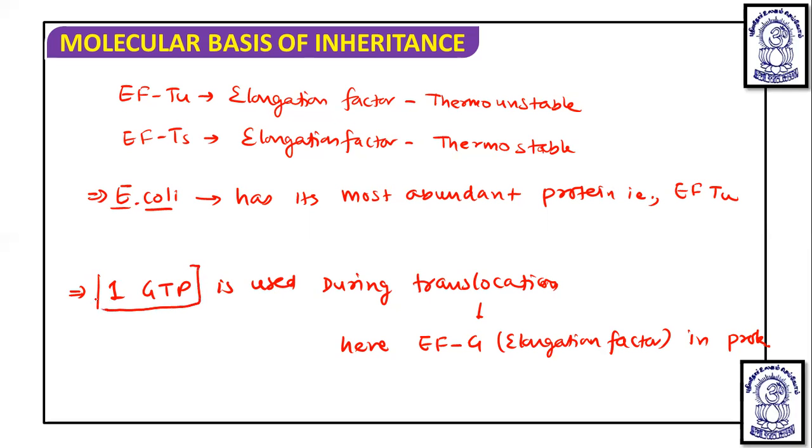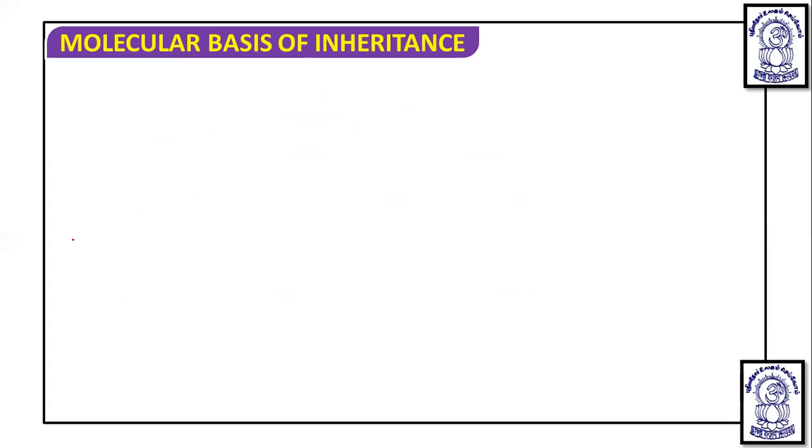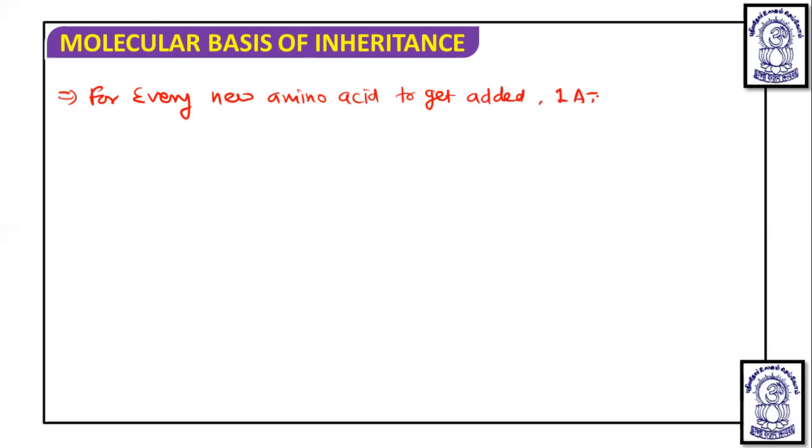In the previous slide, we have seen that one more GTP and one ATP are used. So for every new amino acid to get added, one ATP and two GTP are used.